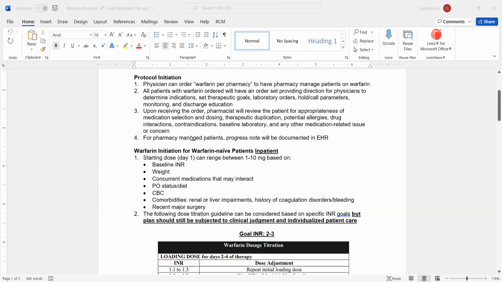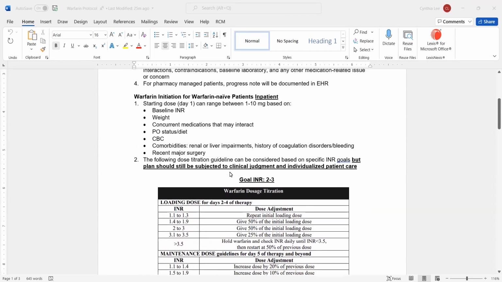And so let's go through the first section first, where we're going to be talking about how to initiate and dose warfarin for those patients who just got started with warfarin. Usually on day one, we could start with a higher dose, right?